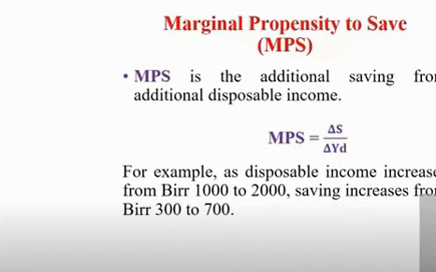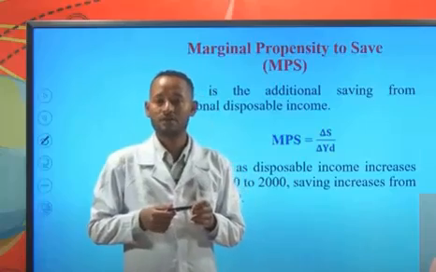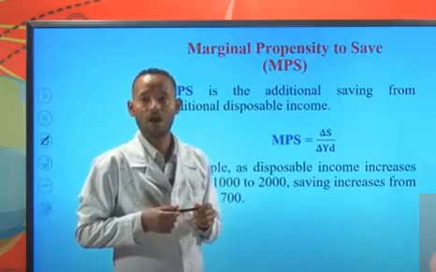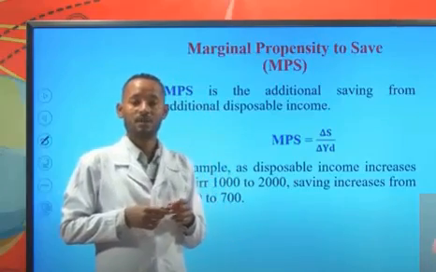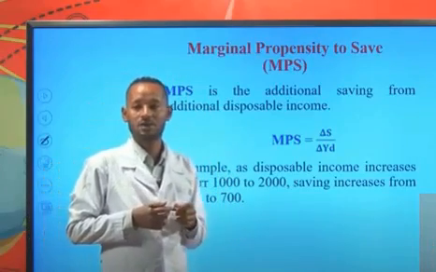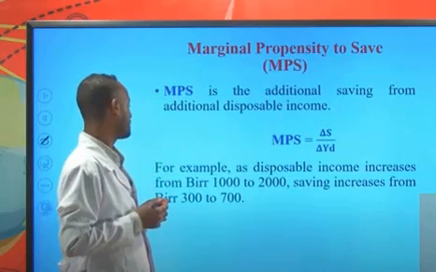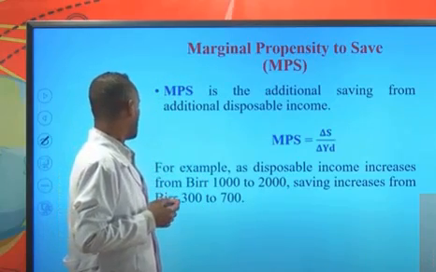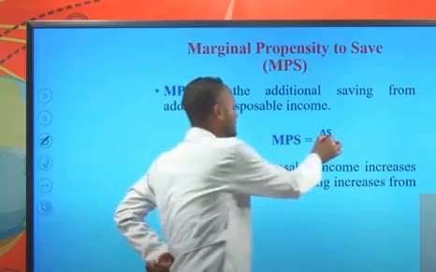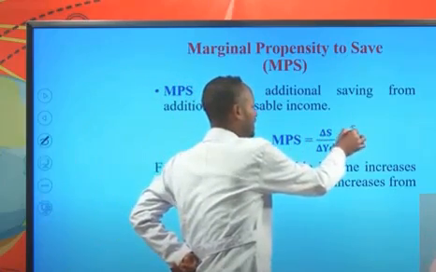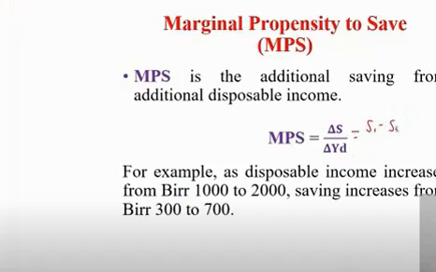When we see the marginal propensity to save, it is additional saving from additional disposable income. Mathematically, the marginal propensity to save is calculated by dividing the change in saving by the change in disposable income. The change in saving means saving final minus saving initial, divided by the change in disposable income, which means disposable income final minus disposable income initial.